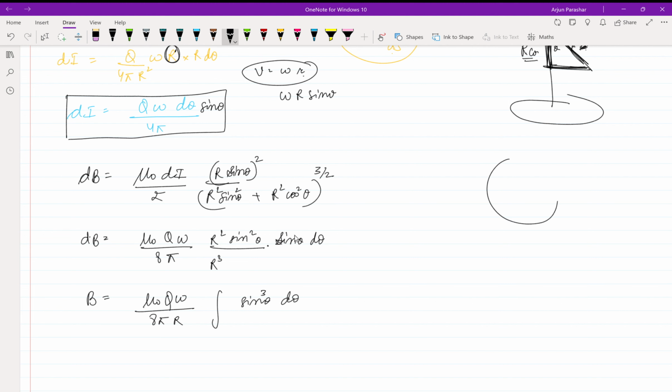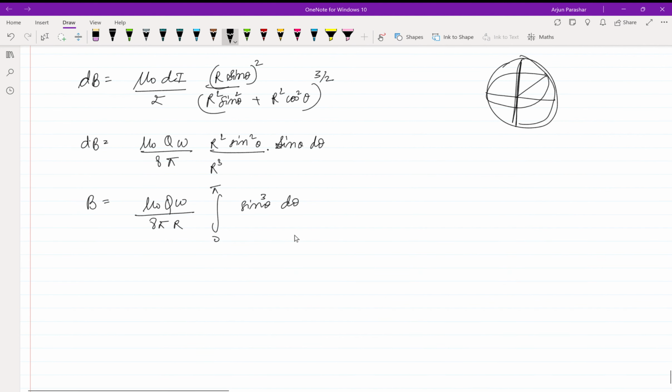And for a spherical shell, we very well know that theta varies only from 0 to pi, and the phi angle varies from 0 to 2 pi. I think you know that this is really common. All right, now magnetic field becomes mu naught q omega by 8 pi r into, so sin cube theta we need to relate now.